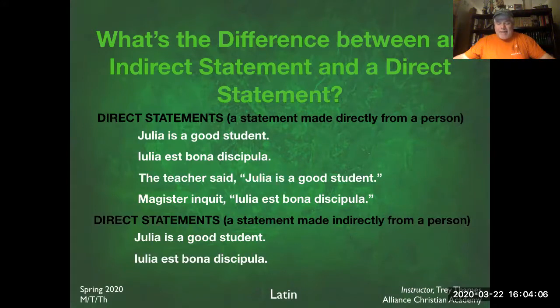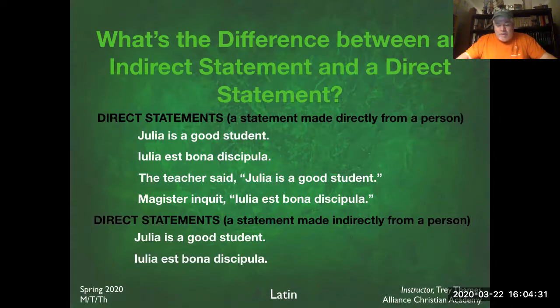Magister dixit Juliam esse discipulam bonam. The teacher says, that's the first part. Matter of fact, if you cover up the rest of that, you have the main sentence there, Magister dixit. That's the main sentence. The teacher says. The teacher says what?